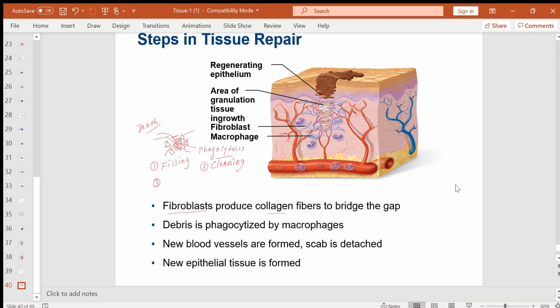So that is branching of the blood vessels. And the last thing is this outer surface should be covered by epithelial tissue. You know, epithelial tissue has a high rate of regeneration, can quickly be reproduced. So the epithelial tissue will just cover that area. So that is covering.